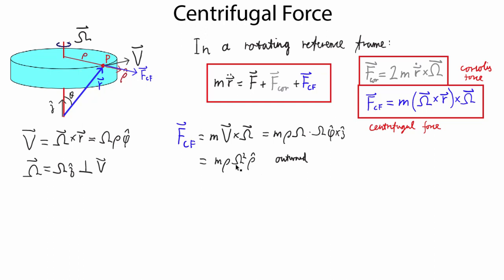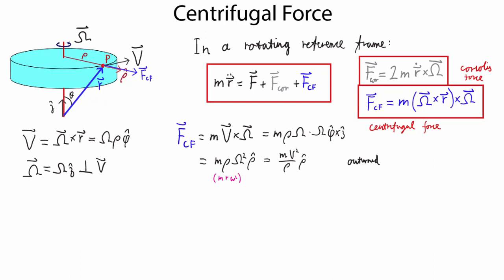We can rewrite it, if we like, also in terms of the velocity as m capital V squared over rho times rho hat. You have probably seen this before in intro mechanics, where it probably looked like m r omega squared, and it had the opposite sign.